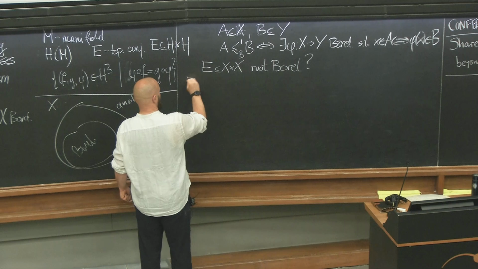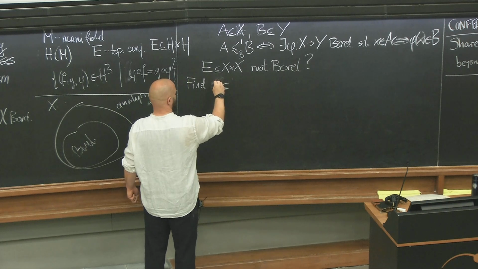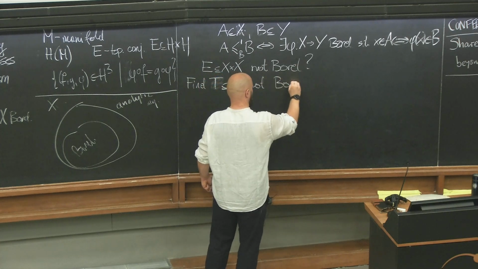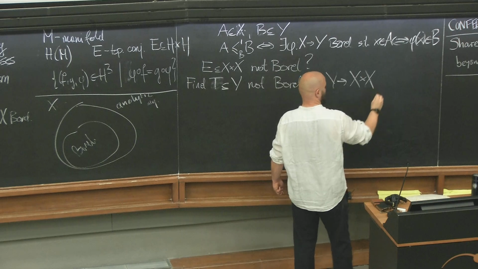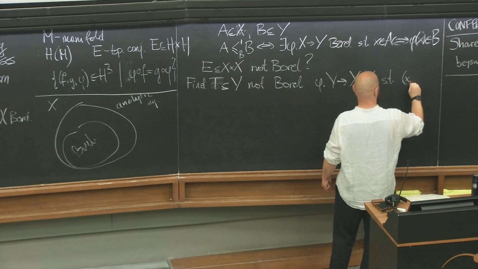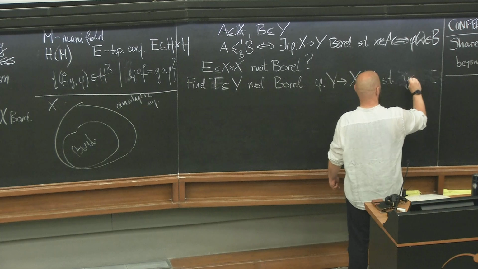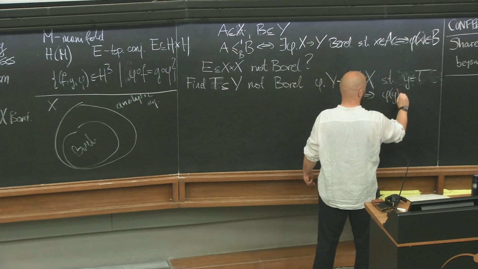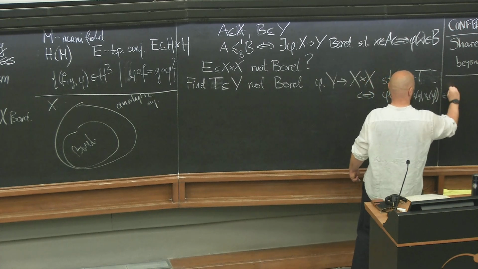The solution is: find F, maybe F is not good, some testing set T in some space Y, not Borel, and find phi, a function from Y to X times X, such that y is in your testing set if and only if the pair phi of y, let's call it (x1(y), x2(y)), is in E, right?